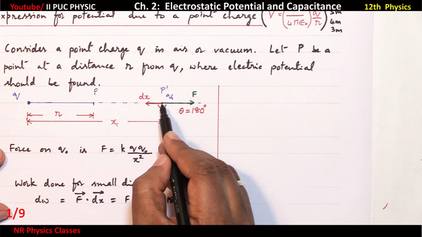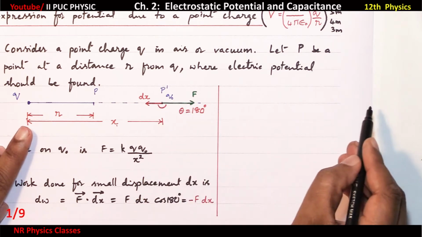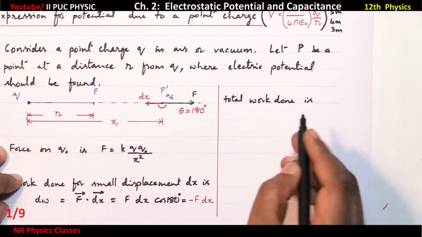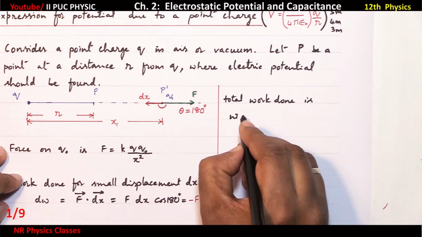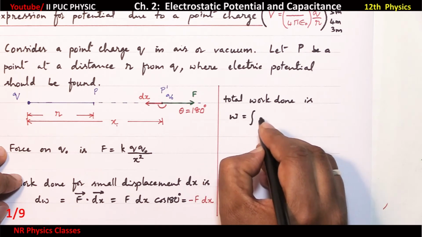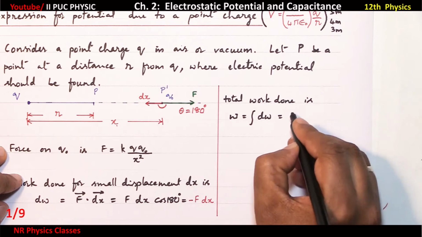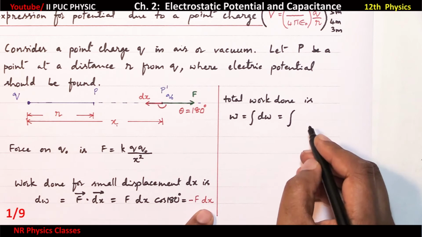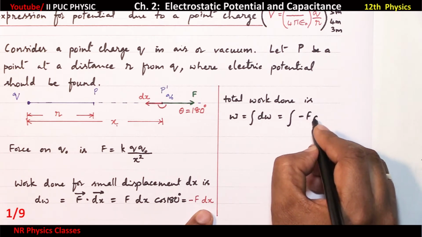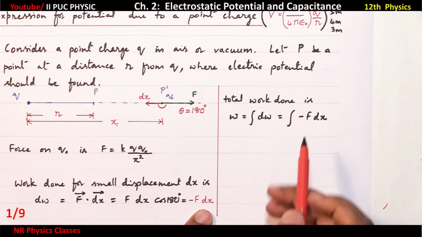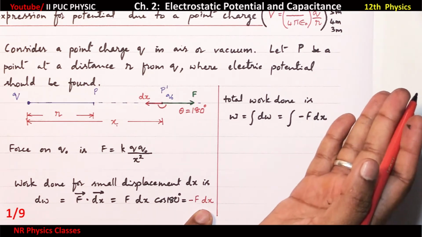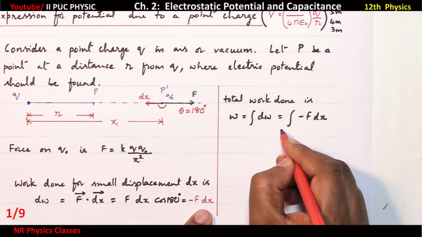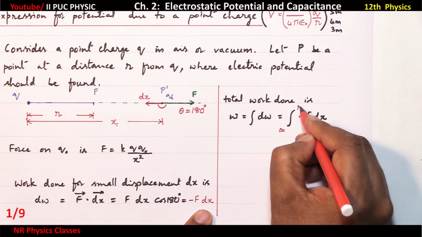Now, work done to move the charge Q0 from infinity to this point. Total work done W equals the integration of dW, equal to the integration of minus F into dx. Limits are from infinity to this point P at a distance r. Therefore infinity to distance r.